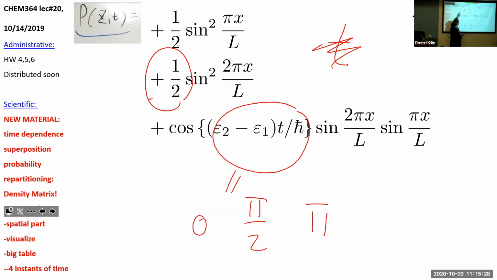So let's look at the elements of the density matrix which are time dependent, at different instants of time: when time is equal to 0, a quarter period, and half period, just to scan the opposite directions, because everything else will be in between. So if you have 0, pi over 2, and pi, you have different values of cosine.